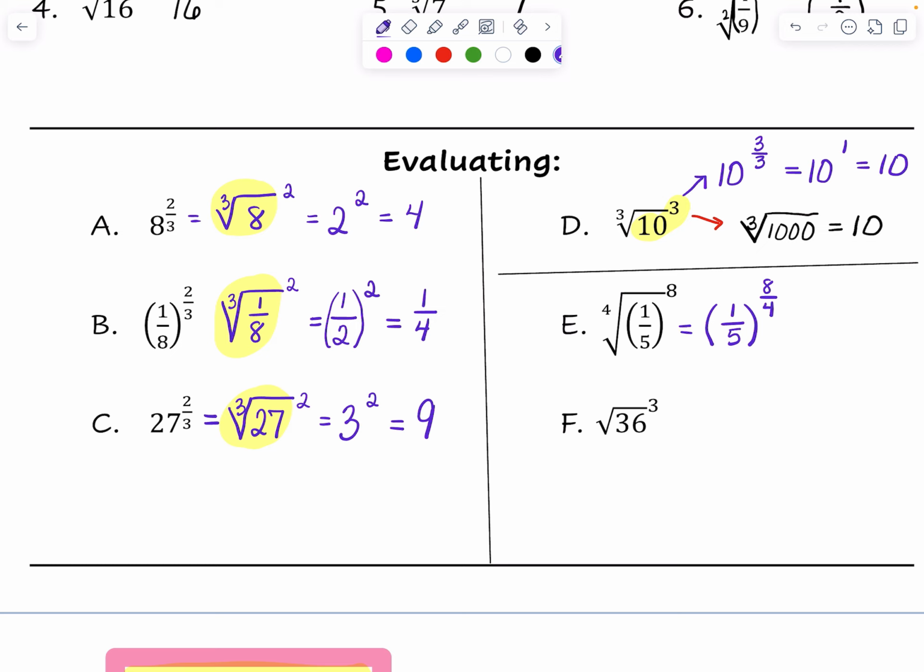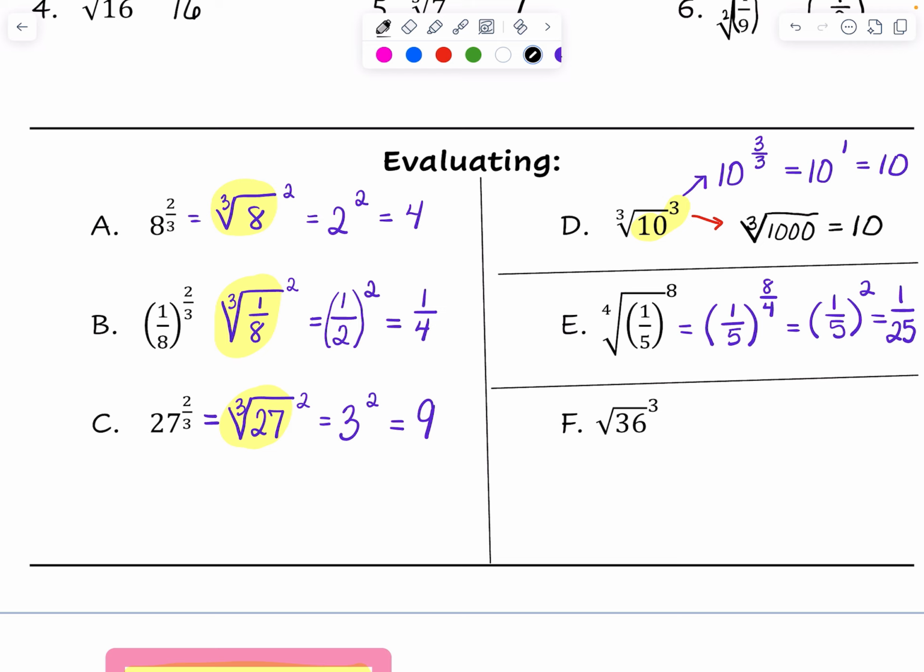I don't know what 1/5 to the 8 over 4 power is, but I do know that 8 over 4 can divide. So 1/5 times 1/5 gives me 1 over 25. Okay? So you've got to think outside the box just a little bit. Think about, I may not know the whole thing, but I might know this piece. And if I can simplify that piece, the rest of this could work for me.